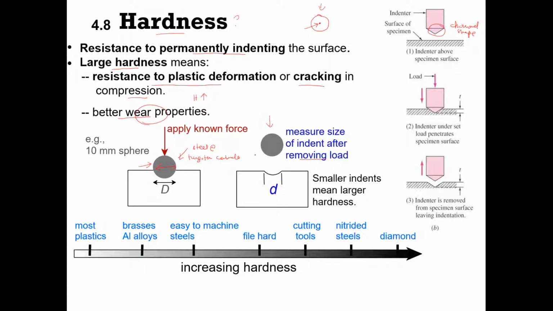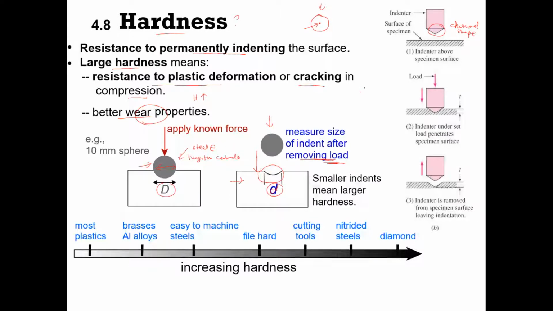The indenter penetrates into the specimen, and once we remove the load, we have a small indent on the specimen. The capital D refers to the diameter of the indenter, which is your steel sphere, and the small d refers to the indent that we created after we remove the load.